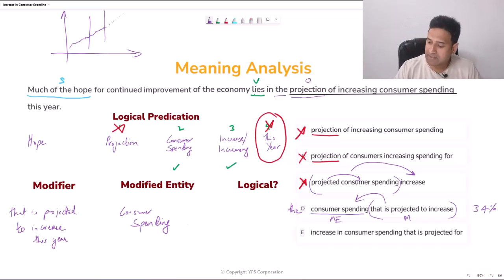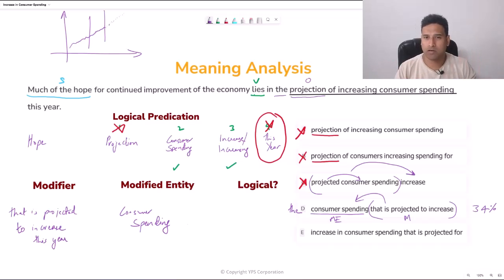By modifying consumer spending with such a clause, with a that clause or a which clause, without a comma in between, what happens is you are creating a class of multiple forms of consumer spending and talking about one of those in a class of many.